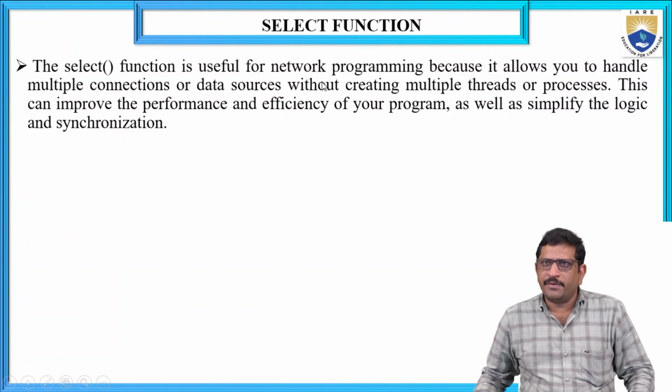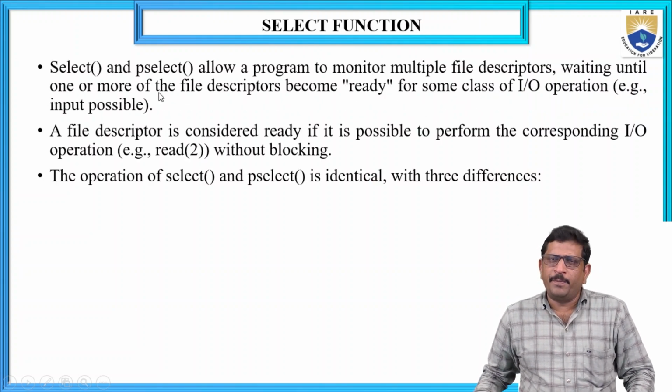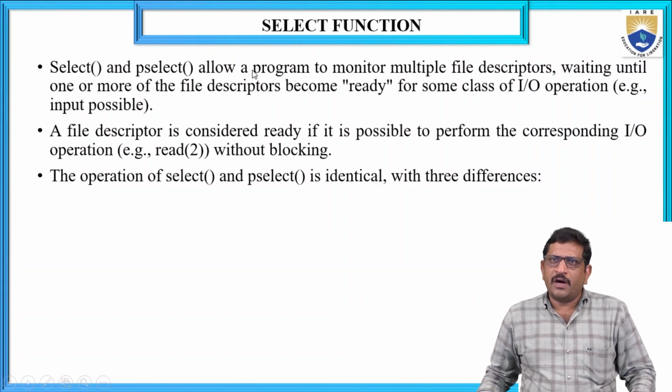Whatever program is written using Unix or Python, that efficiency can be improved, as well as simplifying the logic and synchronization. Select and pselect allow a program to monitor multiple file descriptors. Now, the main difference between select and pselect: select uses a specific value structure.